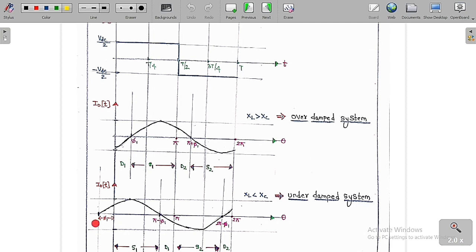If this is phi 1, it will be pi minus phi 1 and this is 2 pi minus phi 1. So like this we are going to get a pure sine wave. This is lagging and this is leading. That is the only difference. So from 0 to phi 1, the output voltage is positive and the output current is negative.